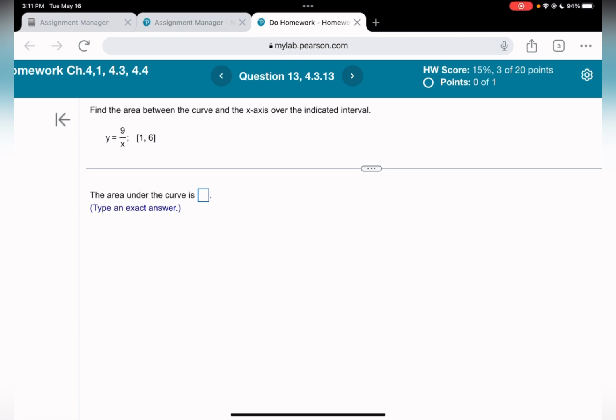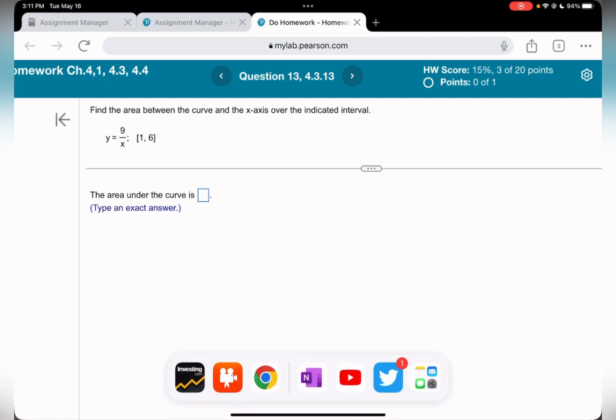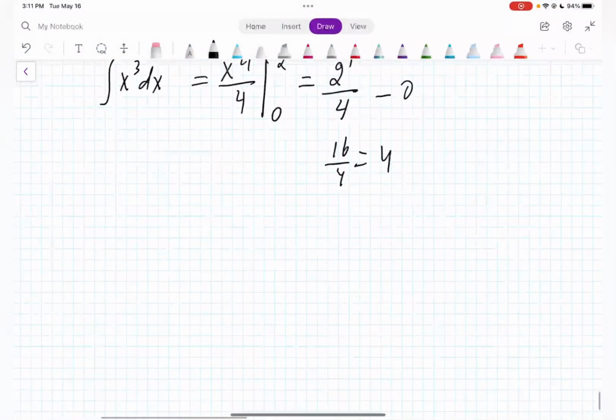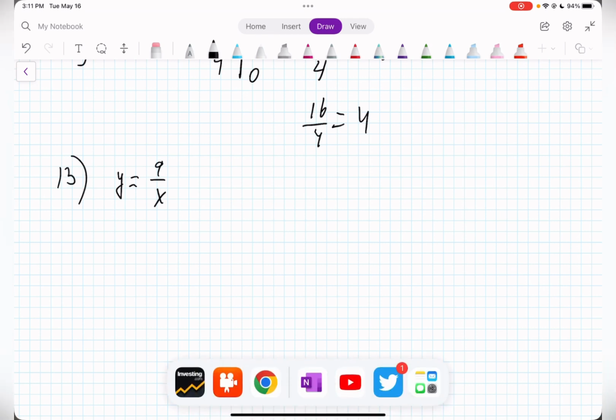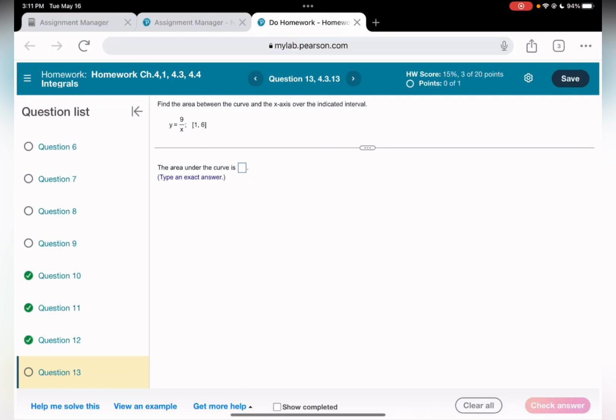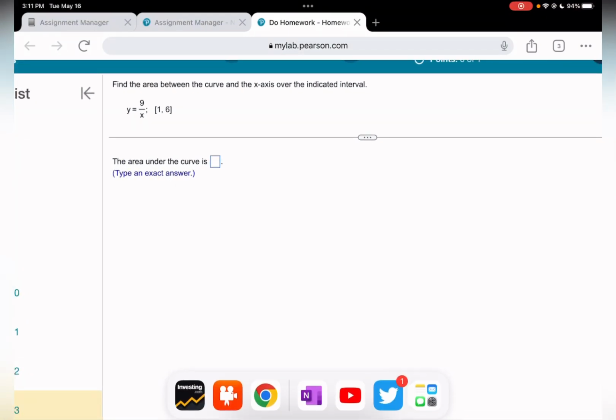All right, let's start working. Let me write down problem number 13, and it was on interval, let me double check, 1 and 6. Okay.